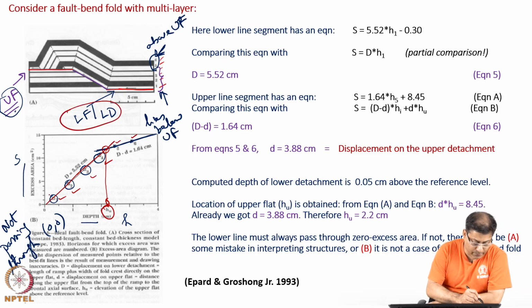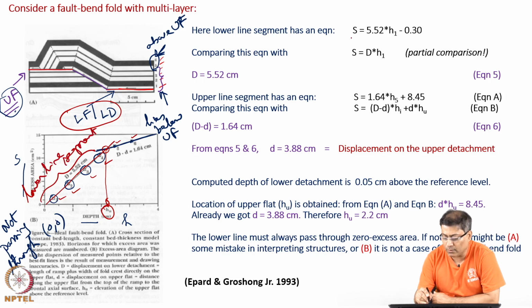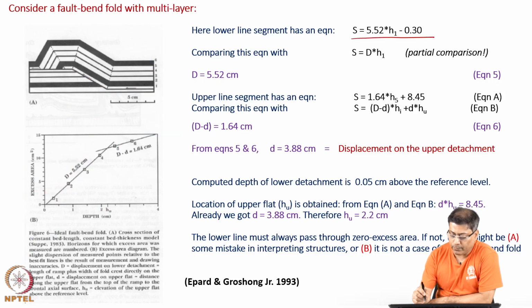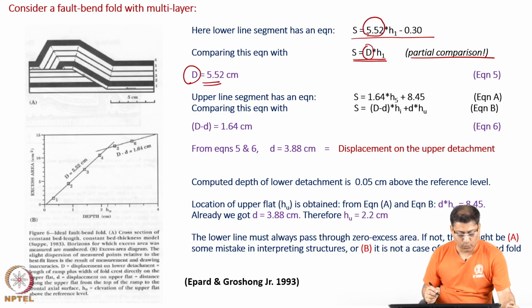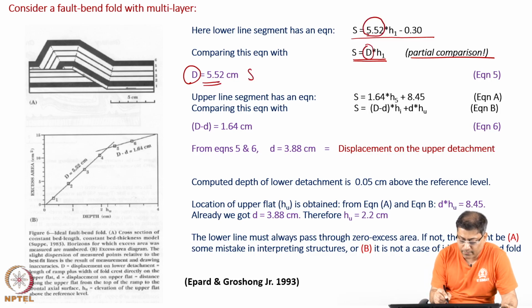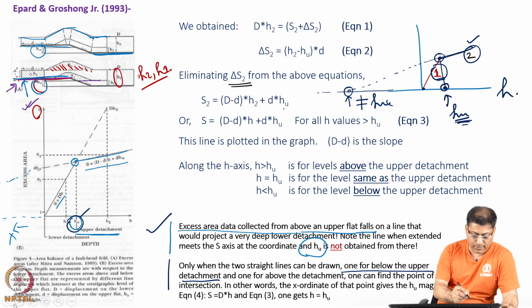This lower line segment has an equation S is equal to 5.52 H1 minus 0.30. And if I compare with the equation S equal to dH1, it is going to be a partial comparison, we can say that D is equal to 5.52 centimeter, which is the slope of the line. Just to recollect, what is D?